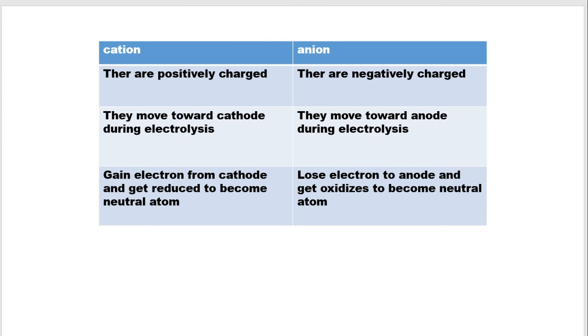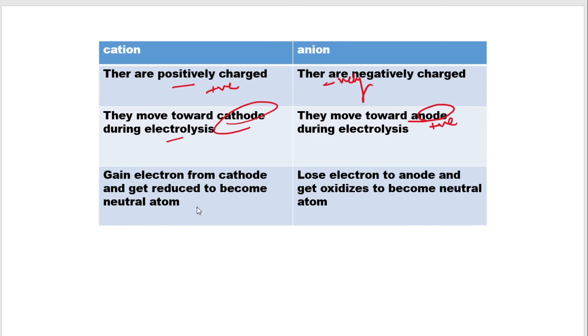Now you need to learn the difference between cations and anions. Very easy. Cations are positively charged and anions are negatively charged. Clear? As cations are positively charged, they will move towards the cathode, and anions will move towards the anode because it is positively charged. So at the cathode, cations will gain electrons and get reduced to form neutral atoms.